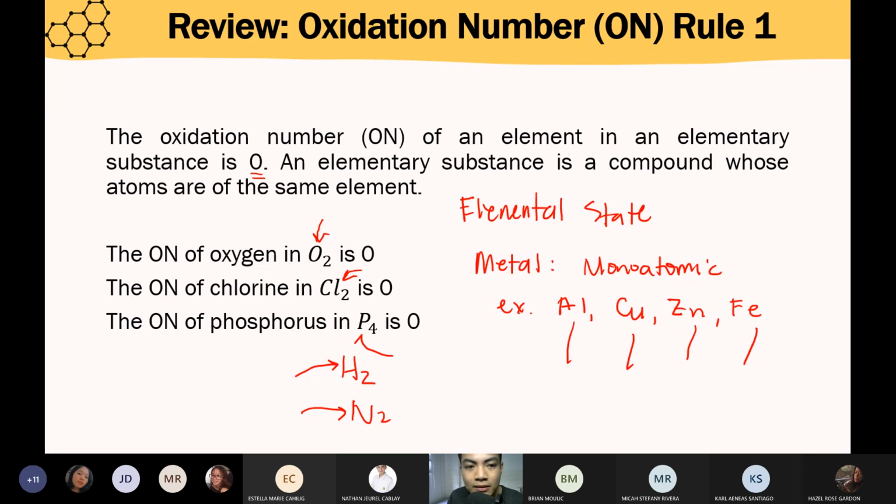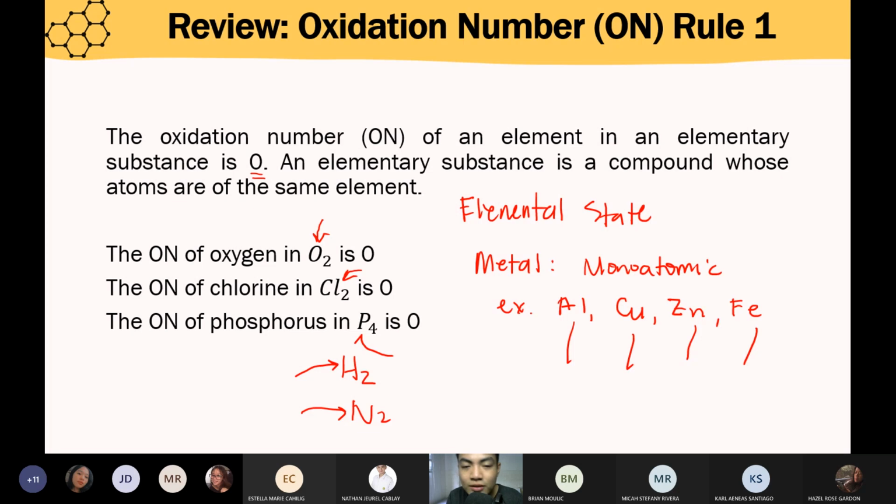Again, pag sinabing elemental state, we are pertaining to a compound with just the same element lang. Wala siyang kasamang iba. Such as, pag metal yan, monoatomic. Pag gases yan, usually diatomic. Okay? H2, N2, Cl2, F2, Br2, I2, N2, O2.